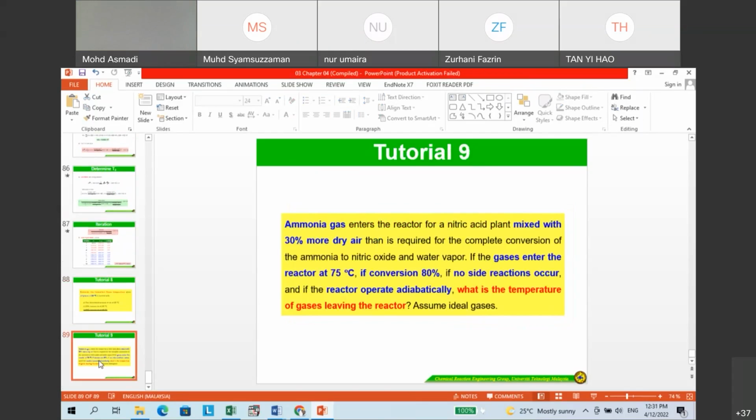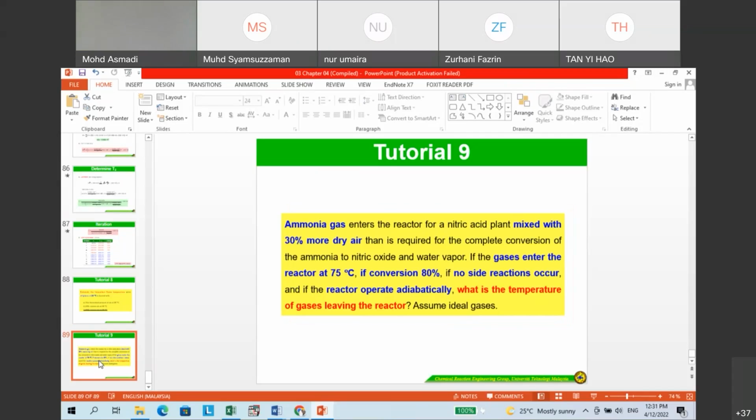Okay, and then tutorial 9. What you have to do is similar also. Ammonia mixed with 30% more dry air. This one is excess. Nitric oxide, the gas enters the reactor at 75 degrees C, conversion is 80%.